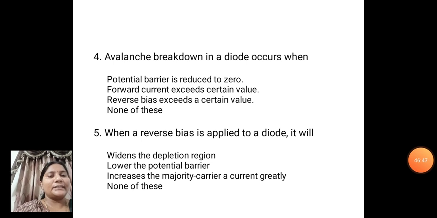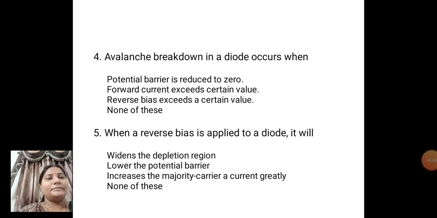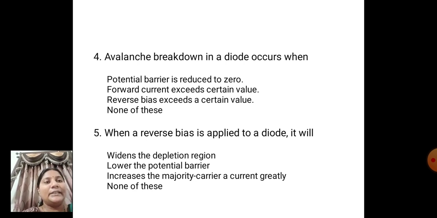Please give your answer. I am going to conclude this session, and in the next class we will discuss one application of the PN junction diode, which is the Zener diode, and I will give an introduction to rectifiers. For tomorrow's class, I am giving some topics.